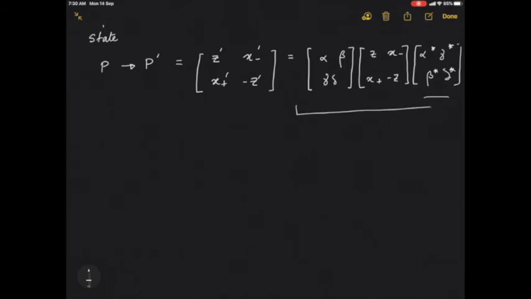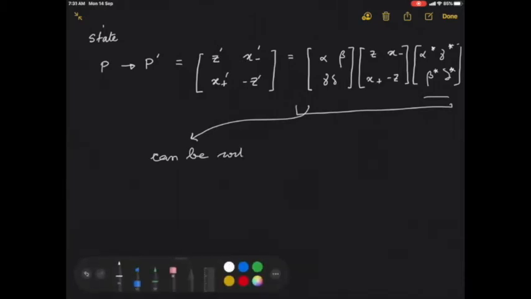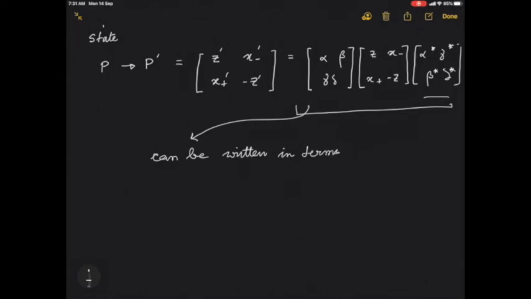By doing that, I can write the right hand side of this in terms of x, y, z and alpha, beta, gamma, delta.